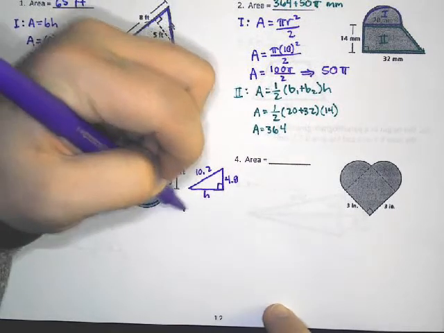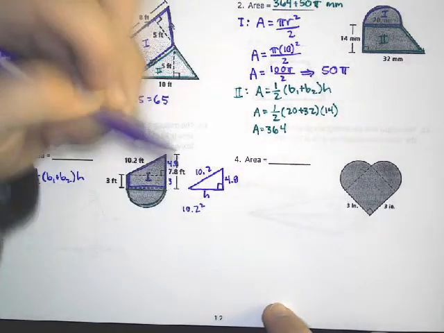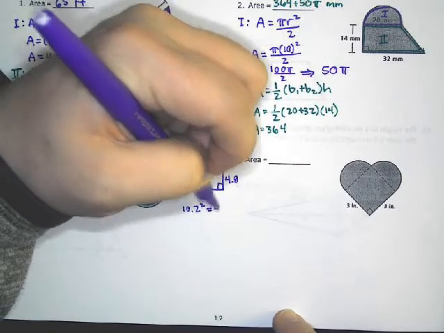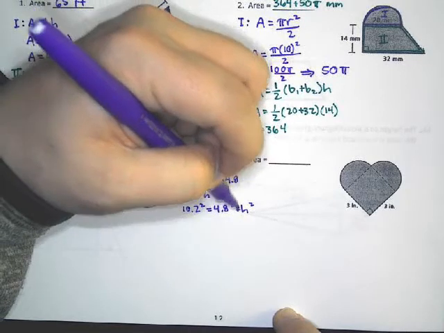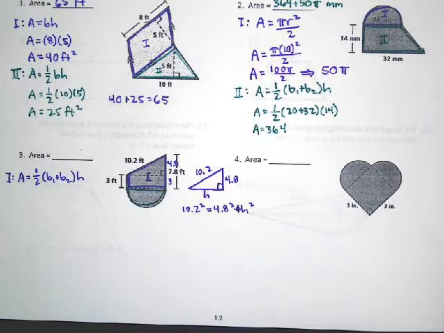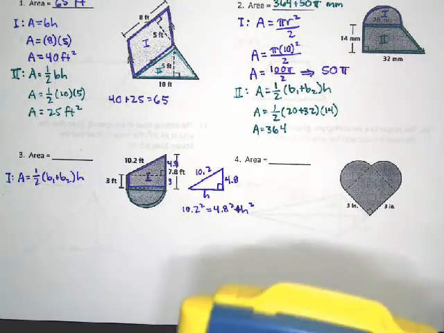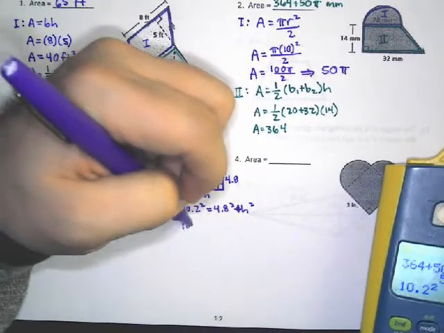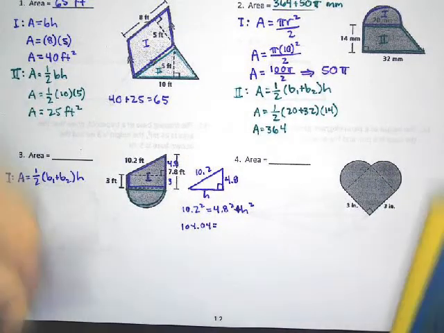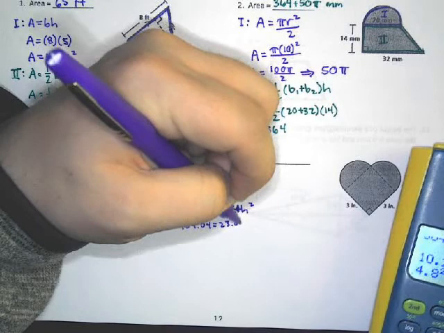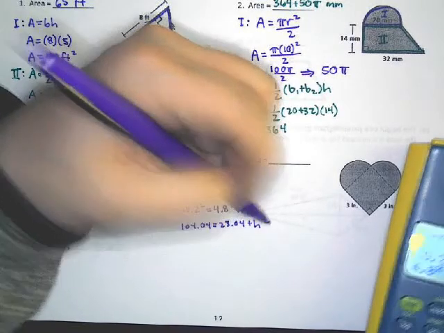So we would go ahead and we'd use Pythagorean theorem. 10.2 squared equals 4.8 squared plus h squared. My bad, guys. All right, and then go to the calculator. 10.2 squared is 104.04, and that's equal to 4.8 squared, 23.04, plus h squared.